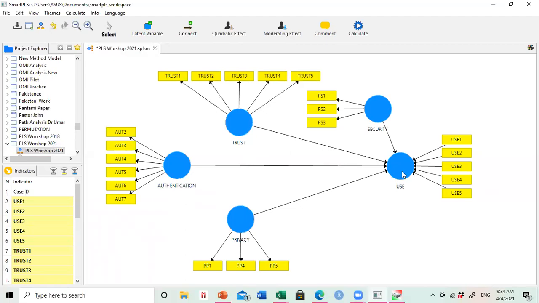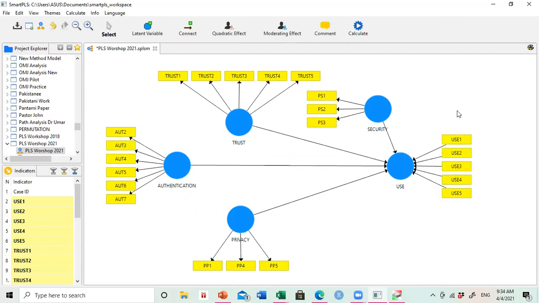Before, the arrows were going out to the items. But now the arrows are going into the construct. So if we see anything like this, it means that the items are formative in nature.